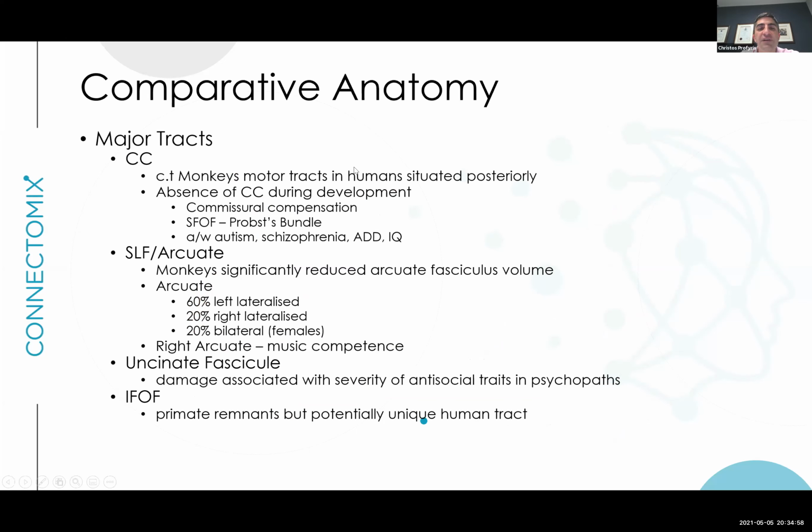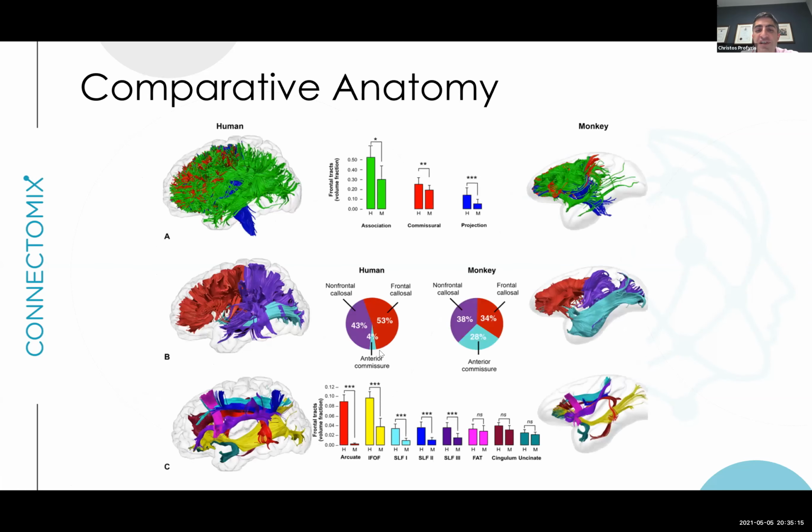When we look at developmental conditions where people are born without a corpus callosum, what we actually see is commissural compensation. So what's interesting is in non-human primates, they have very developed anterior commissures. So when we're looking at our white matter volume in humans, the anterior commissure only takes up about 4%, whereas when we're looking at a monkey equivalent, it takes up 28%.